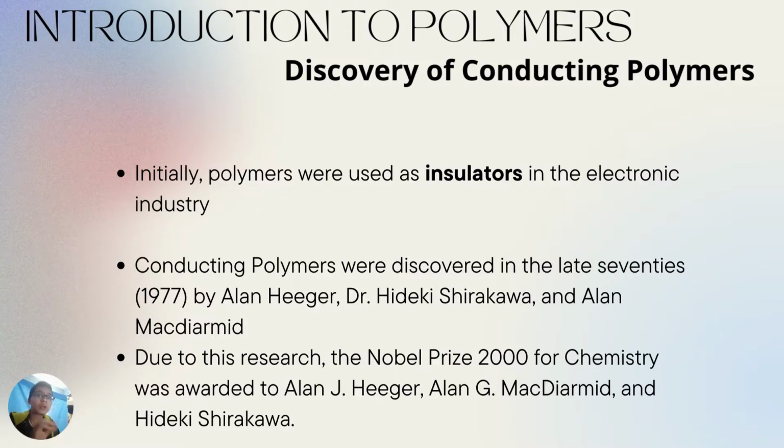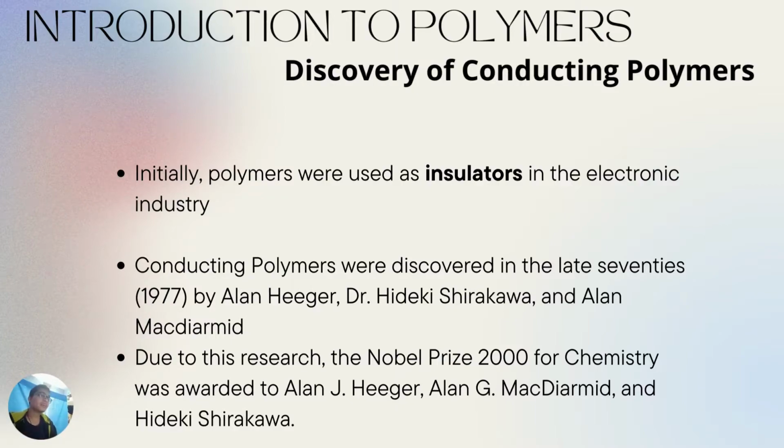Due to their contribution to our modern society, they received the Nobel Prize in Chemistry in the year 2000. If they received the Nobel Prize for this discovery, that must mean it's a very important discovery. Yes, it is.